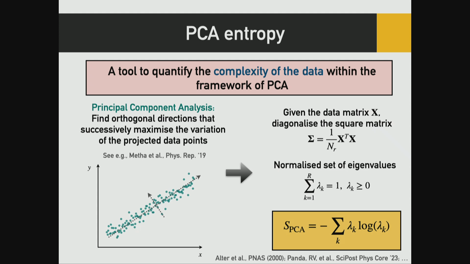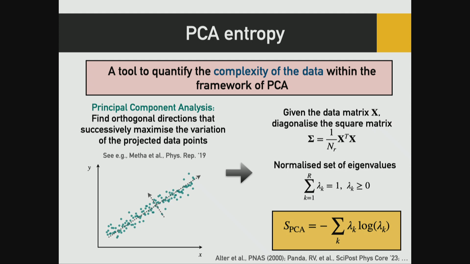So first of all, a little reminder on PCA. This method can be formulated in several ways, but in the end, it's about finding a set of orthogonal directions that successively maximize the variability of your data once you project the data points onto those directions, as illustrated here.